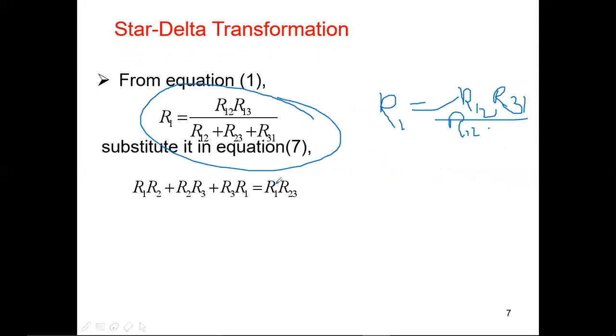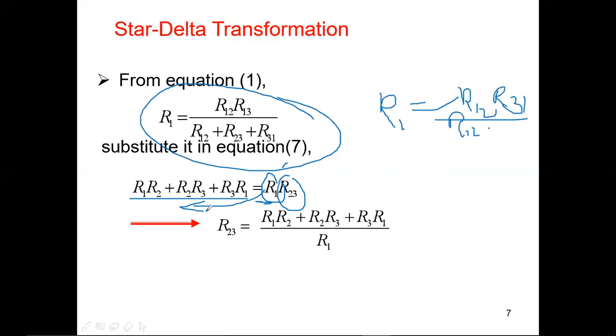Like this I get R1 into R23 separately. If you want to know the star connection, and you want R23, then its value will be R23 equals this divided by R1 R2 plus R2 R3 plus R3 R1.